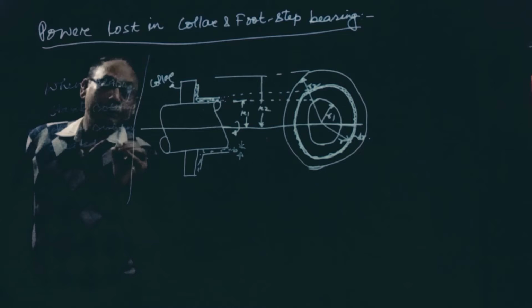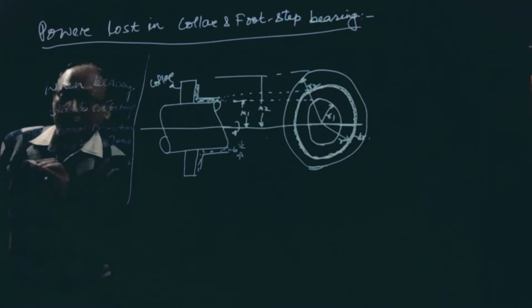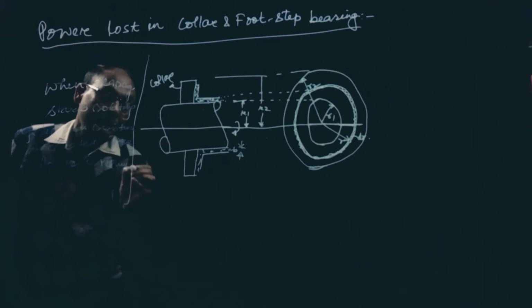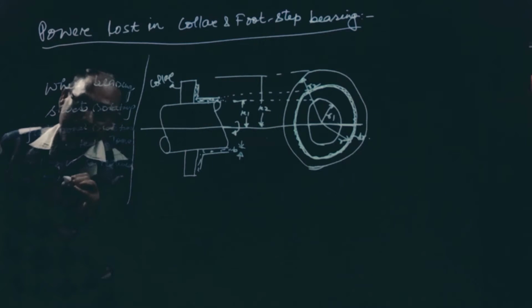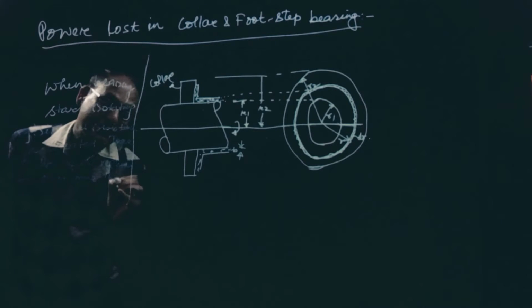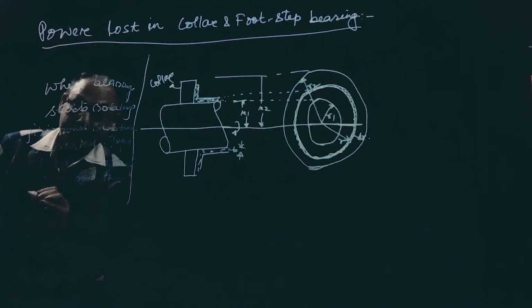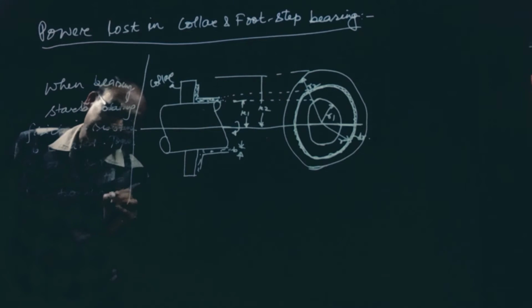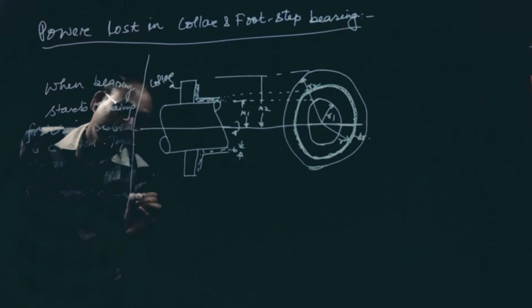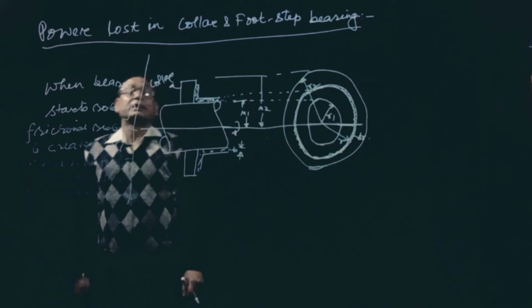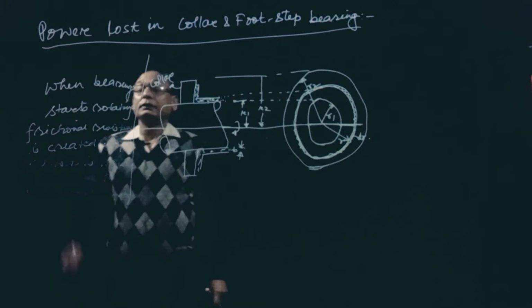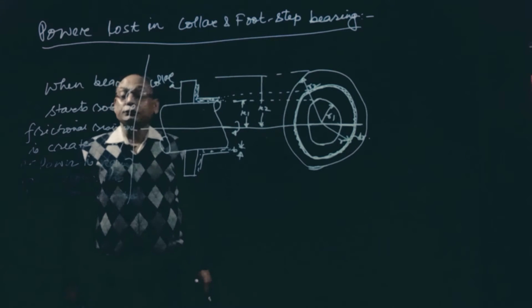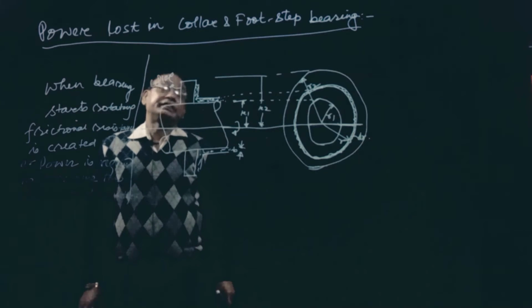Now torque or power is required to overcome this frictional resistance, okay. So that is why we are studying this. Here also we are finding out how much torque or power is required to overcome this frictional resistance, okay.